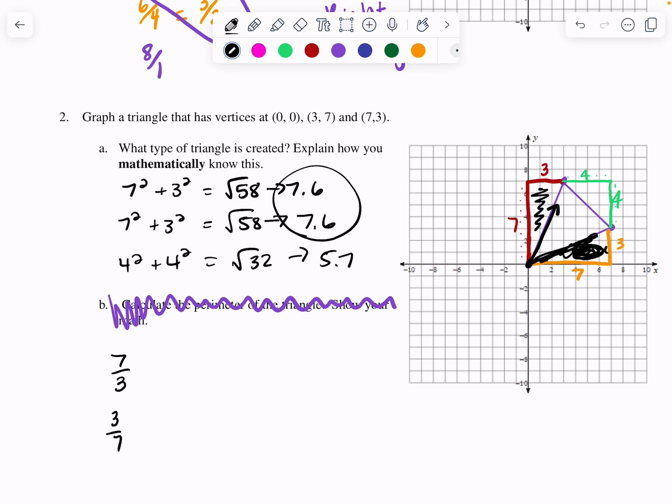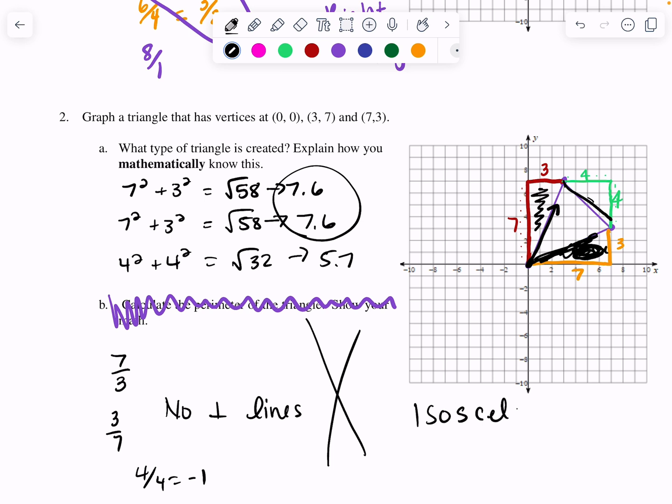And because of that, there are no perpendicular lines, right? And the last one had a negative slope of 4 over 4, which is -1. So no perpendicular lines at all. So there's nothing to say about a right triangle based on this. The only thing I can say is that there is an isosceles triangle here, and that would be it.